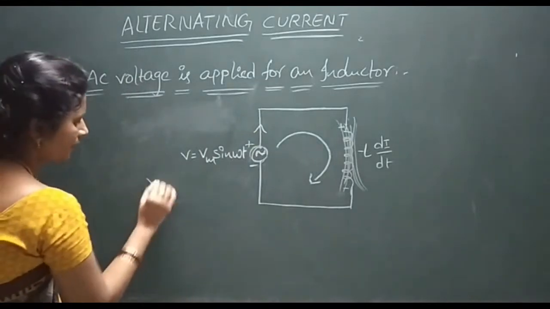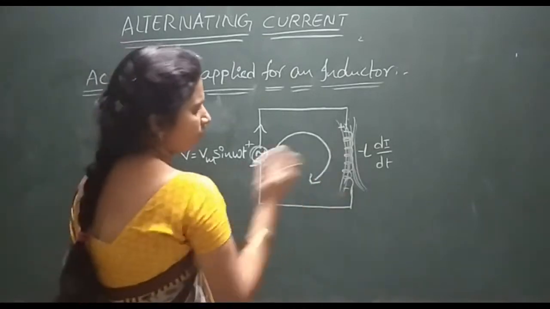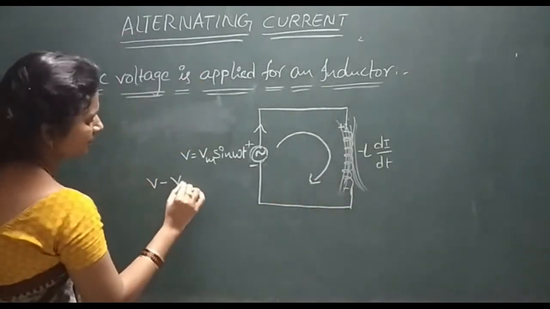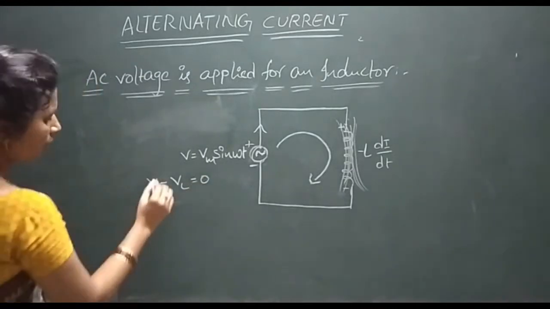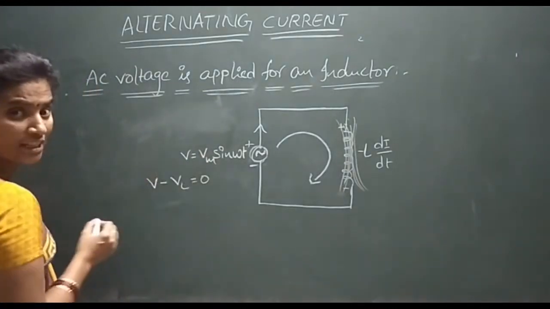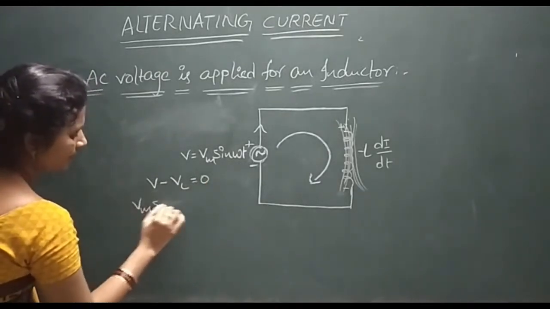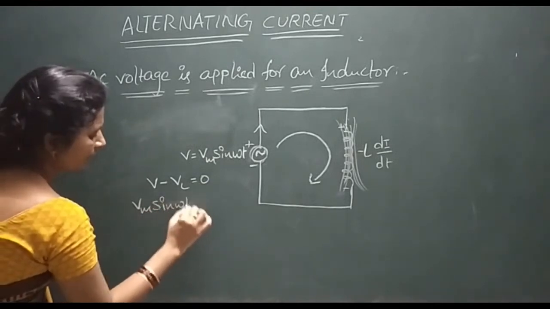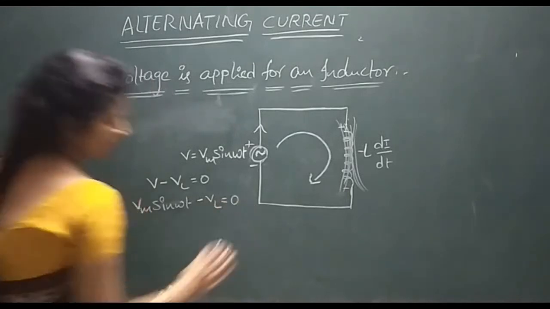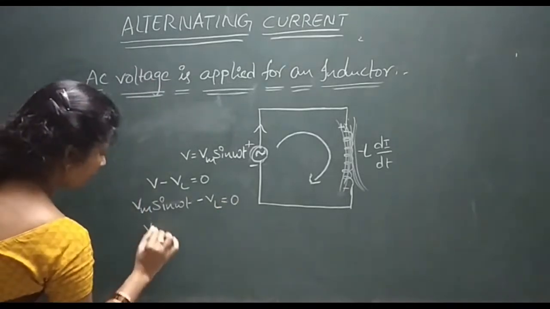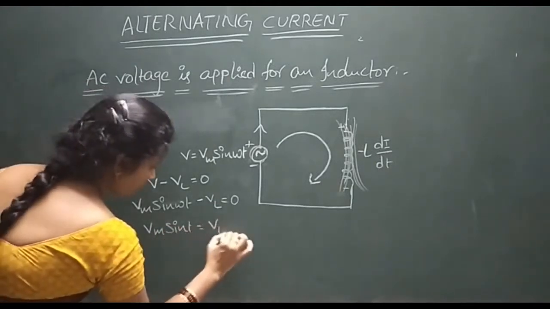From that, V minus VL is equal to 0, where VL is the potential drop across the inductor. So Vm sin omega t minus VL is equal to 0. From this, Vm sin omega t is equal to VL.